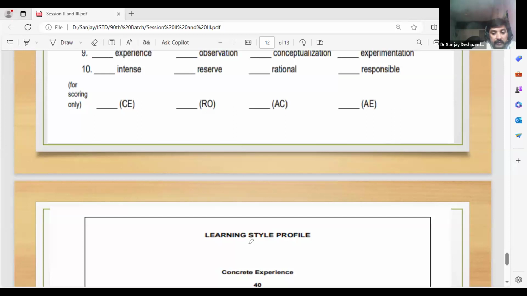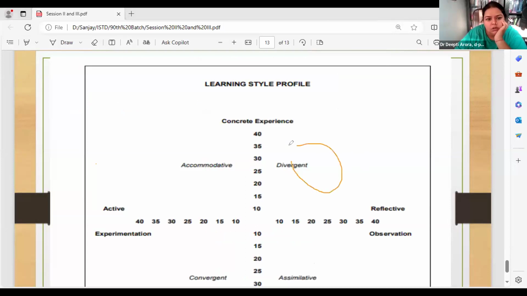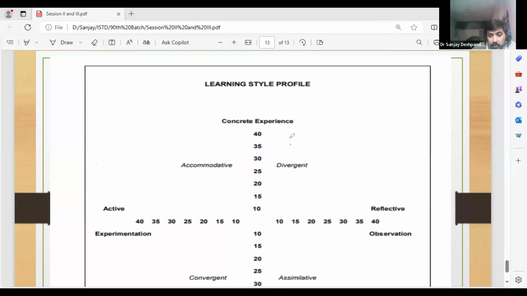I'll use this pen for you. So where will you plot this? Here, right hand side top corner. The CE first column score has to be written here.